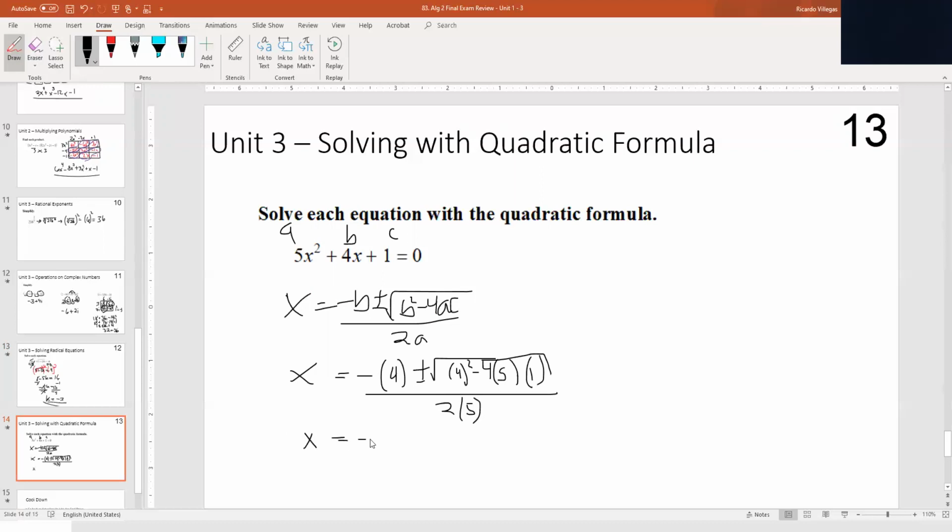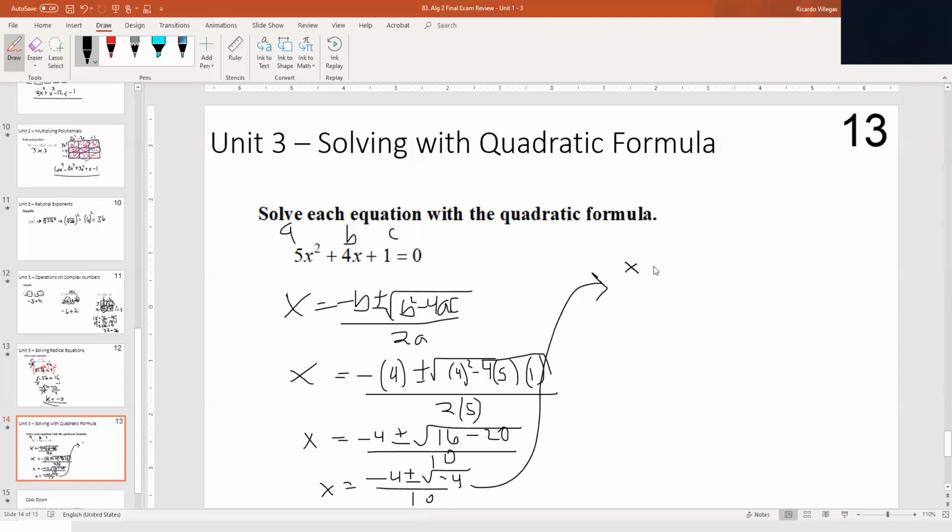Then x is equal to negative 4 plus or minus square root. 4 times 4 equals 16. Negative 4 times 5 is negative 20 times 1 is negative 20. All over 5 times 2 is 10. Then we get x is equal to negative 4 plus or minus square root of 16 minus 20 is negative 4, all over 10. I will continue over here.